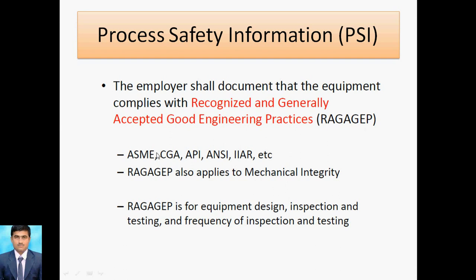This will help in designing the equipment, and in design inspection, testing and frequency of the inspections. This will help to avoid accidents. There are different design codes available with this system, that is RAGAGEP, which contains ASME, CGA, API and CIR, etc.